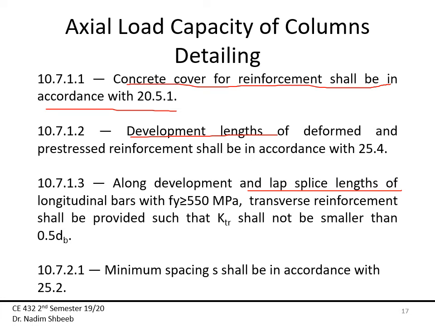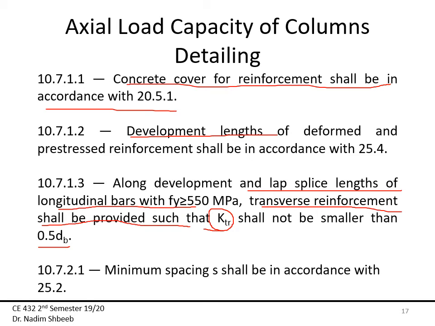But for development length and lap splice, for the longitudinal bars where I have Fy more than 550 megapascal, the transverse reinforcement shall be provided such that KTR, which is the value that we calculated before with the same technique, shall not be smaller than 1/2 the diameter of the longitudinal reinforcing bar. So if we have more than 550, I have to calculate KTR.